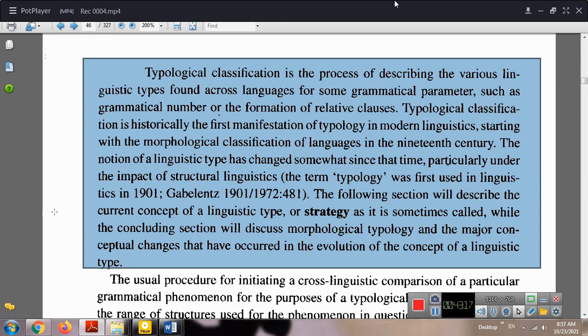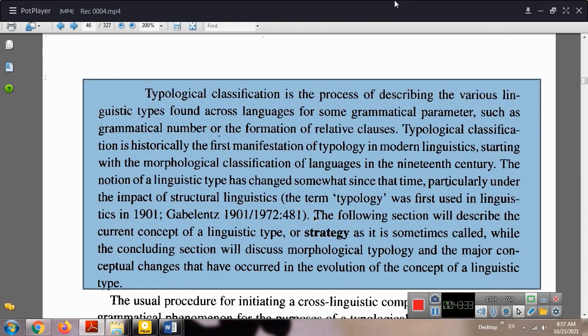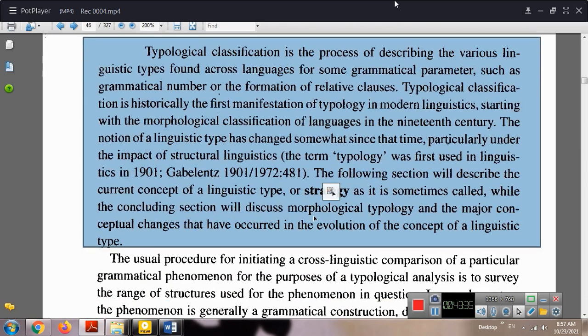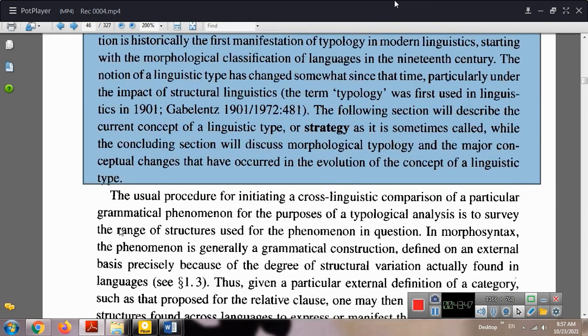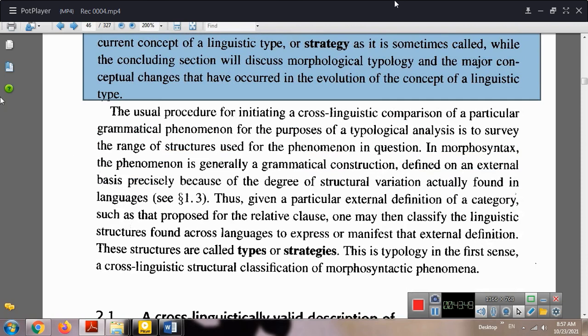The term typology was first used in linguistics in 1901. The following section will describe the current concept of a linguistic type or a strategy, as it is sometimes called, while the concluding section will discuss morphological typology and the major conceptual changes that have occurred in the evolution of the concept of linguistic type.